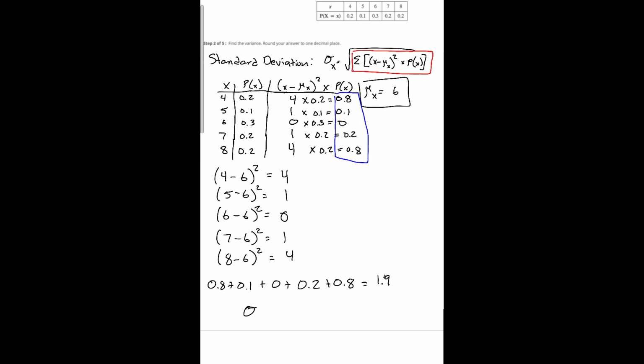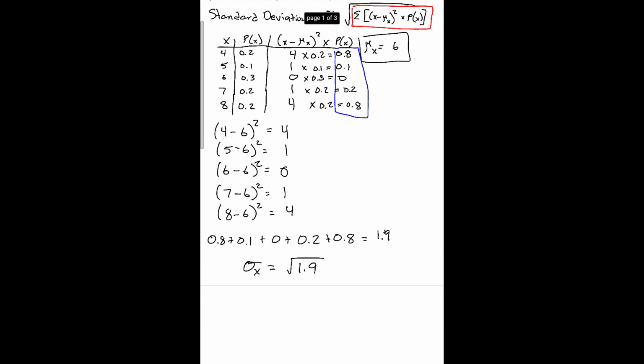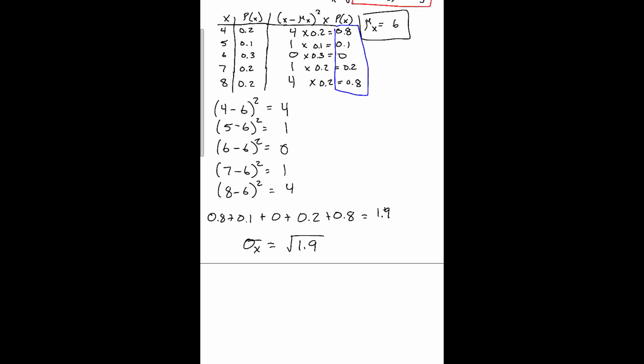That means our standard deviation of x equals the square root of 1.9. So that means our standard deviation would be approximately 1.378 or 1.38. All right?